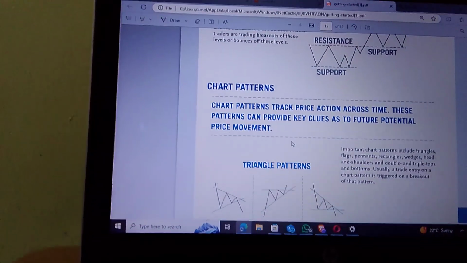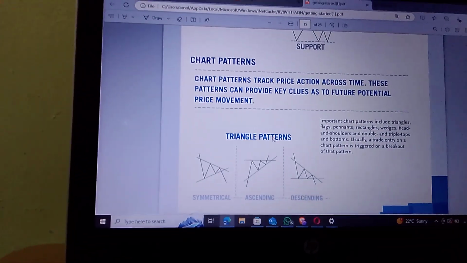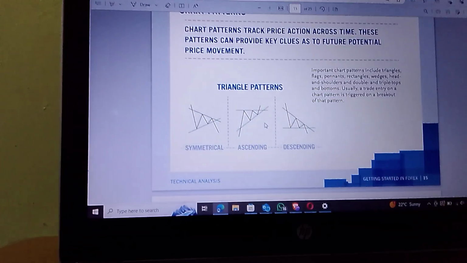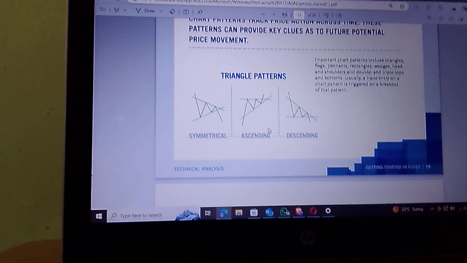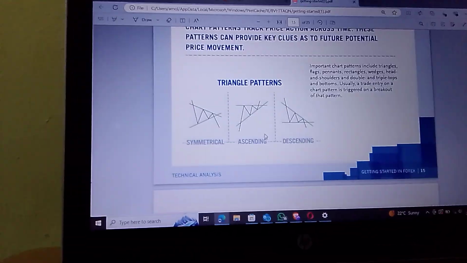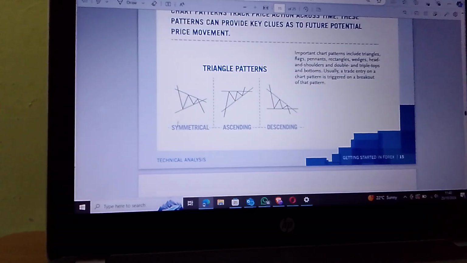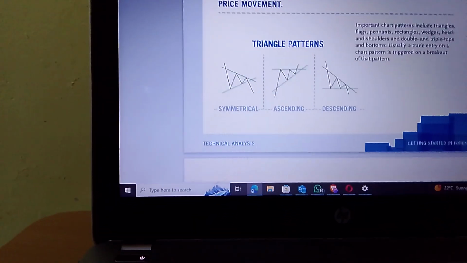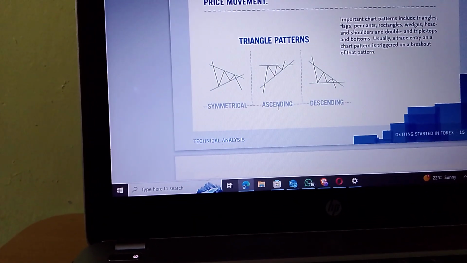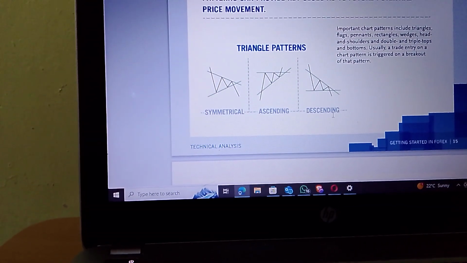And moving on to the chart patterns. Chart patterns track price action across time. These patterns can provide key clues as to future potential price movement. So there are different price patterns. Here we can see there's this symmetrical, ascending, descending.